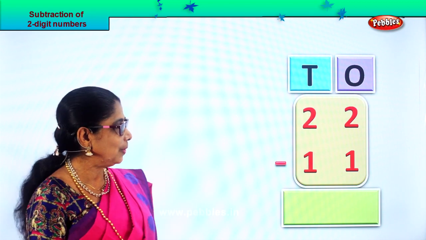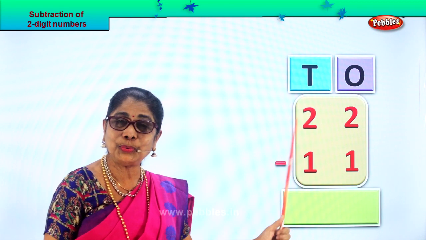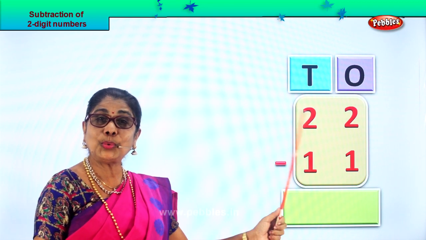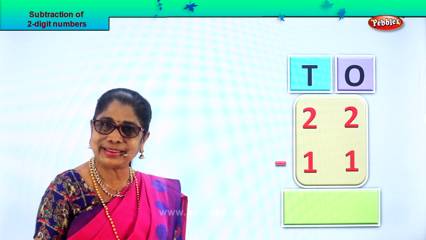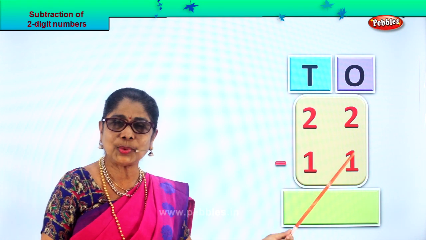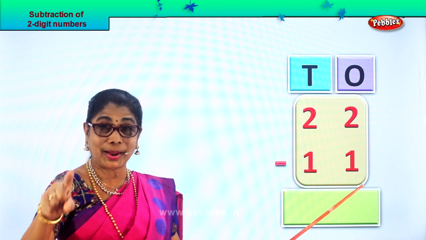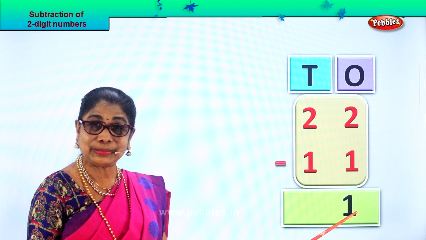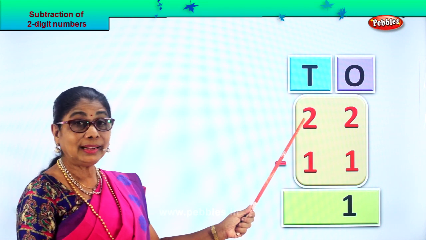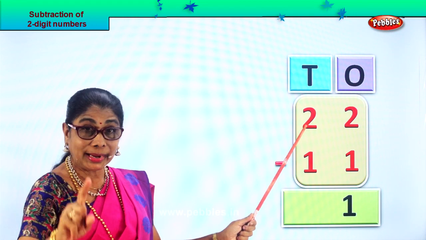Did you enjoy? Let's look at another sum. Yes, here we are. 22 take away 11. 22 minus 11. 2 minus 1. 2 take away 1 is 1. So you get 1 here. Good. Again 2 take away 1 is 1 again.